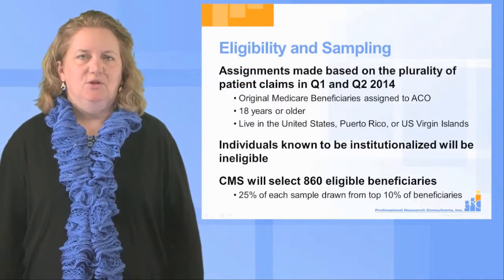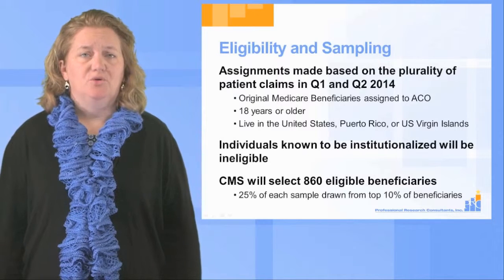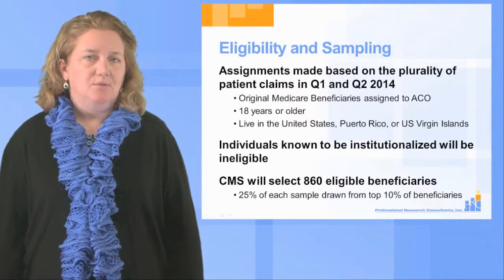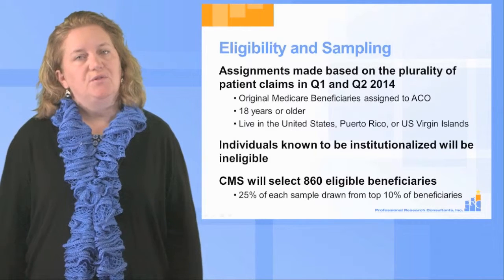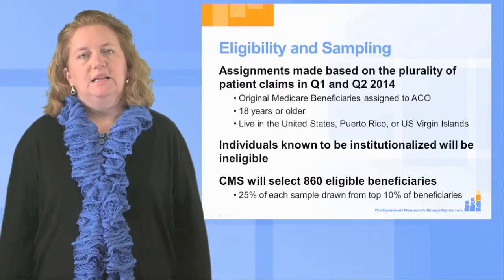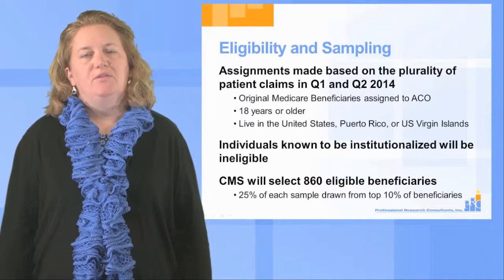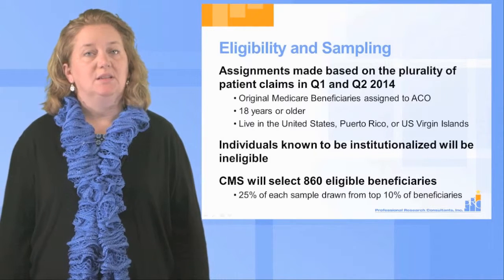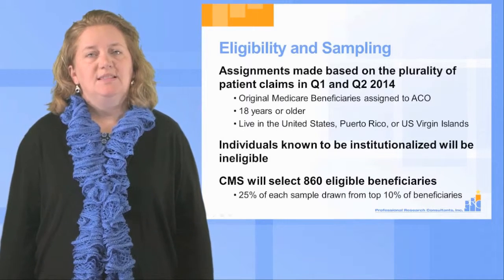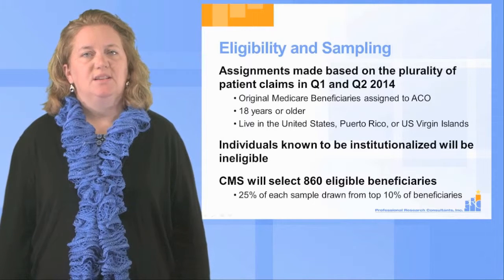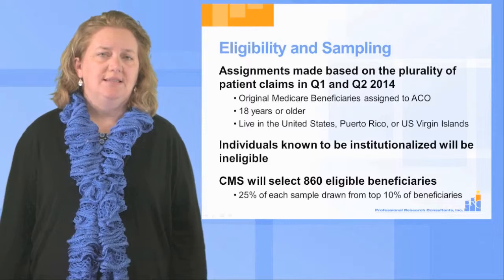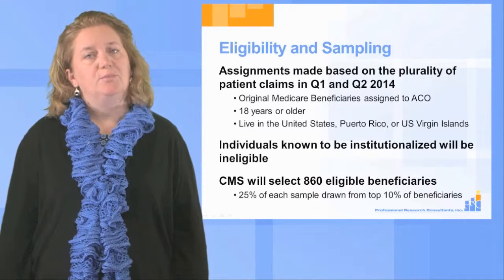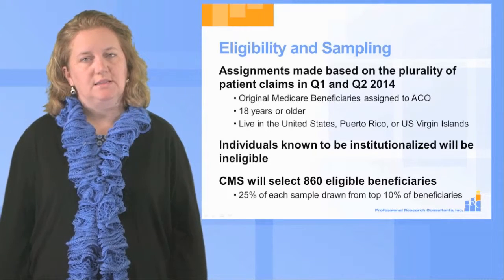The CAHPS for ACOs program measures Medicare beneficiaries only, and this slide summarizes the eligibility requirements. Looking at patient claims for the first 2 quarters of 2014, CMS will select a sample of 860 beneficiaries to be delivered to PRC. The data file transmitted to PRC will contain patient contact information, of course, and also the name of the ACO provider who saw the patient for the plurality of his or her visits.